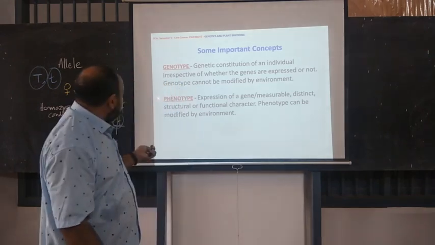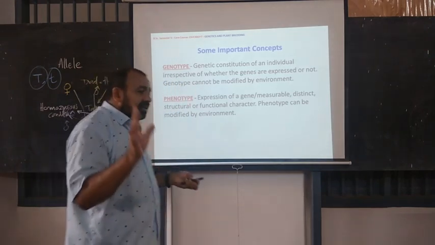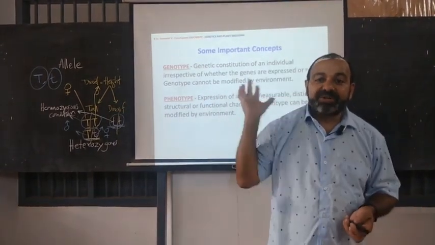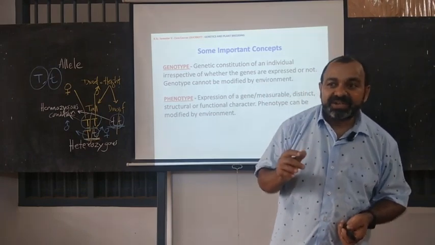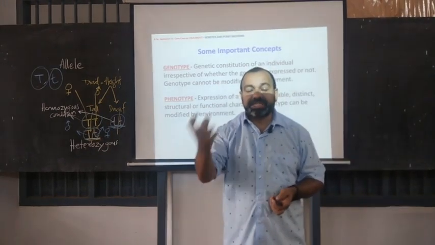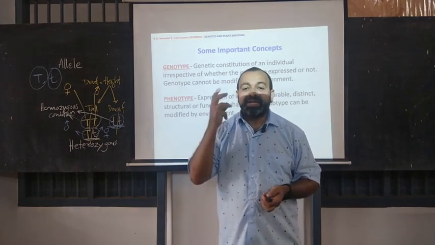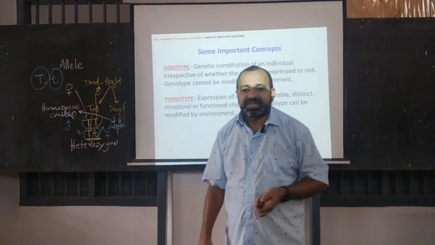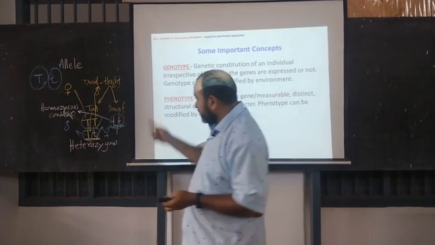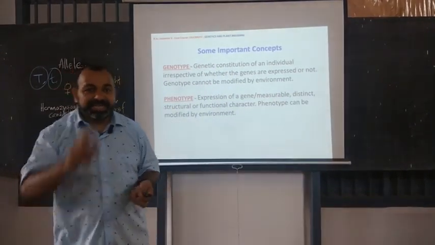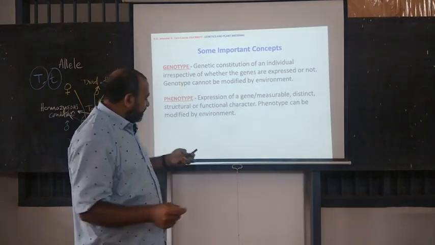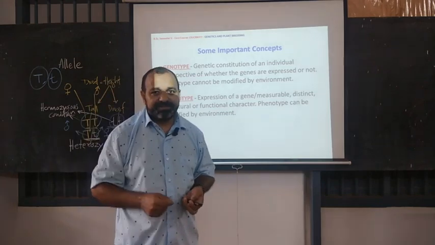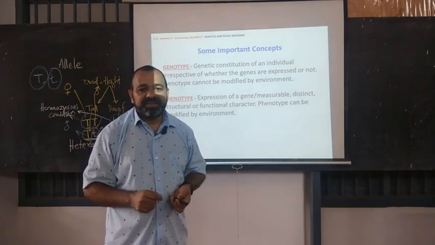And the next term is phenotype. Phenotype is the expression of the genotype. That means it is the morphological, visible, measurable expression of the genetic makeup of the organism. So, if there is a capital T present in the genotype, its phenotype will be tall. It is expressed as tallness. That's a tall plant.